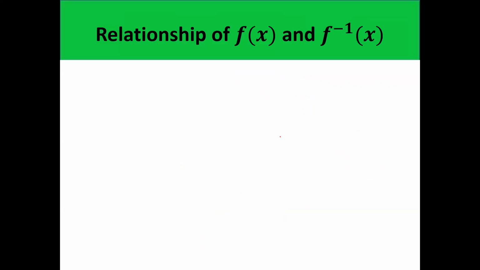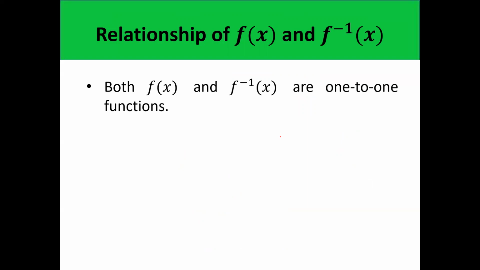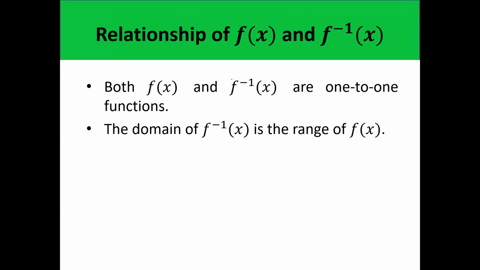Okay, so what's the relationship of f and its inverse, f inverse of x? Both f of x and f inverse of x are one-to-one functions. That means the inverse of f of x is f inverse of x, while the inverse of f inverse of x is f of x. So they are inverses of each other.